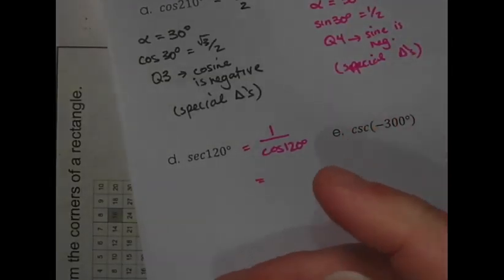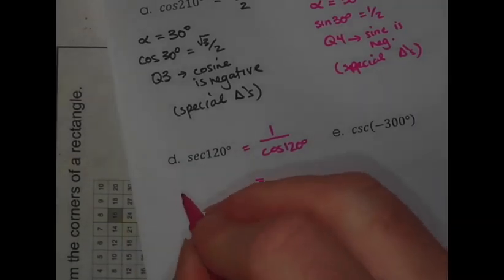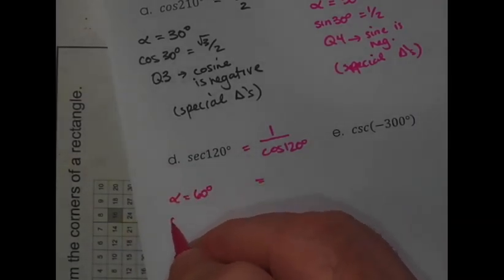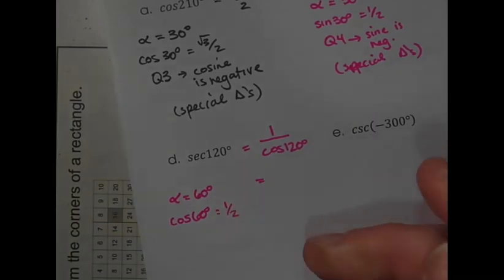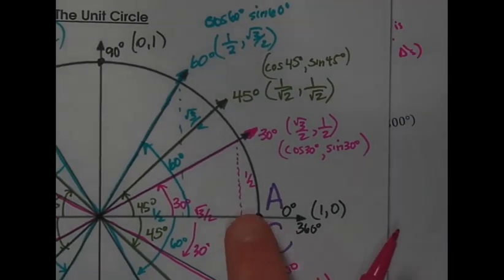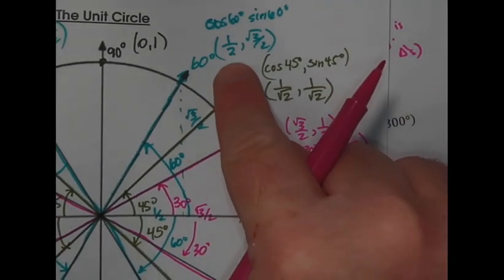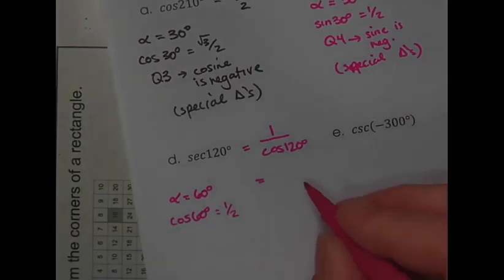Now I just have to see where cos of 120 is. That related angle is 60 degrees. Well, cos of 60 degrees is 1/2.